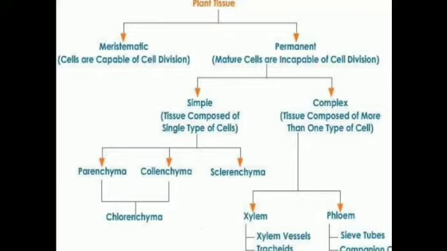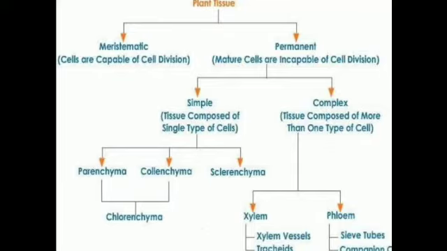Meristematic means which has the capability of cell division, while permanent tissues are the tissues which lose the property of cell division. And after maturation, some of the cells are modified to the dead cells and they act as a protective layer.